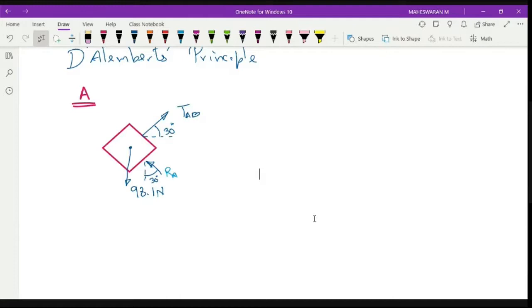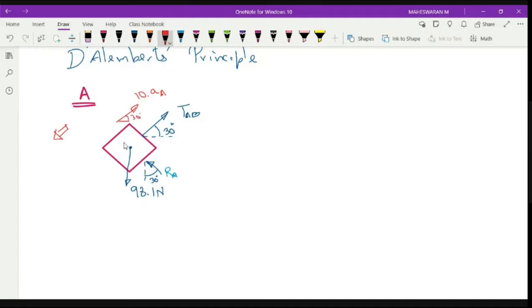According to D'Alembert's principle, there will be another force opposite to the direction of motion. The direction of motion is this direction, so opposite to this you have a force parallel to TAB, which is mass into acceleration, 10 into AA. If this is 30° inclination, this is also 30° inclination.